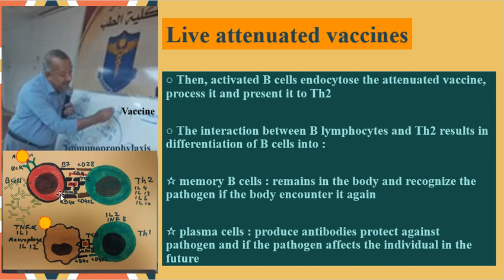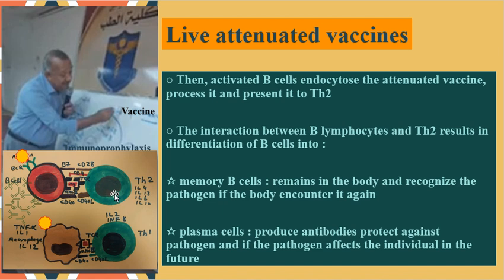A B cell, also an antigen presenting cell, has the capacity to internalize the live attenuated vaccine by means of endocytosis, and this is presented in association with major histocompatibility class 2 to T helper 2.